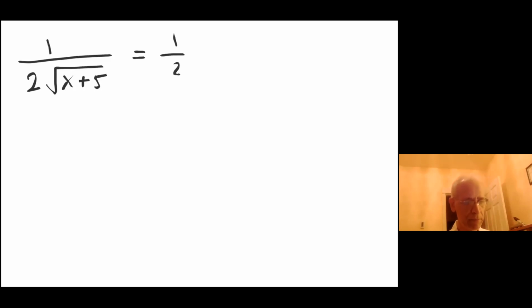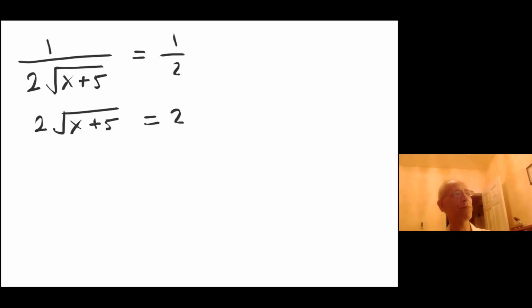Using cross multiply, I have 2√(x + 5) equals 2. Or you could say that if 1 over something equals 1 over something else, then the flip of that is also true.